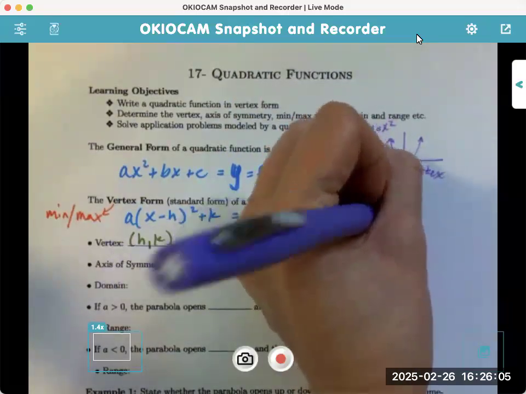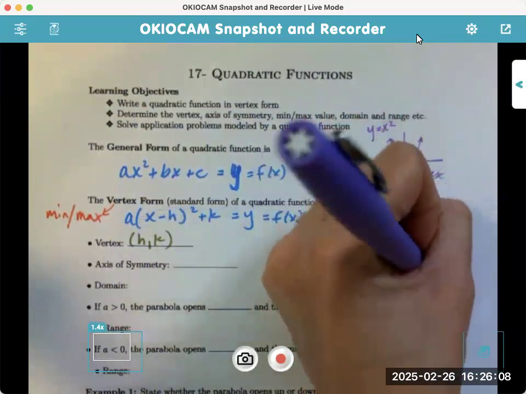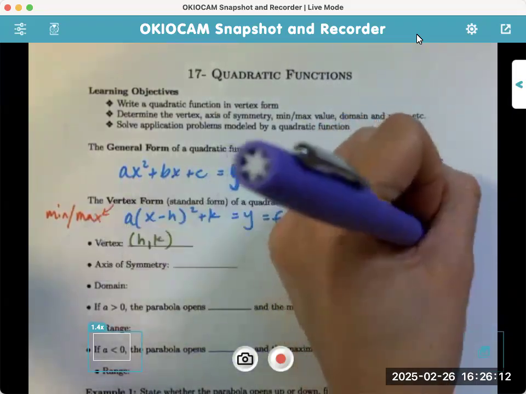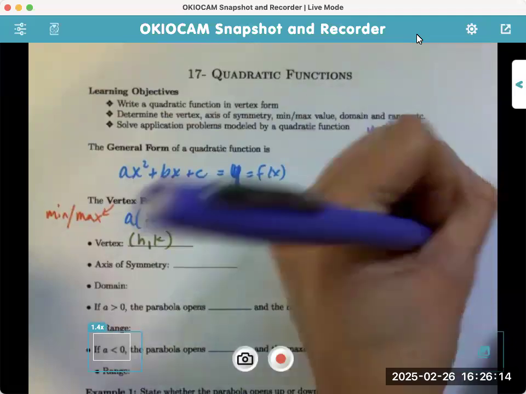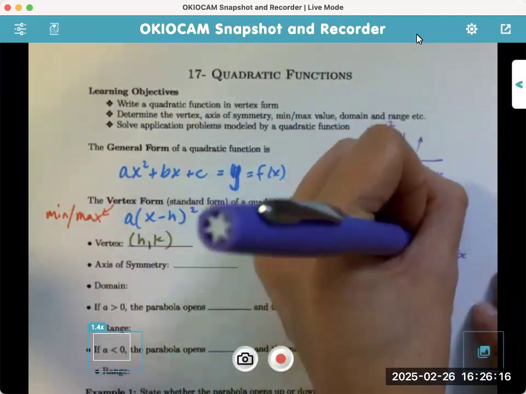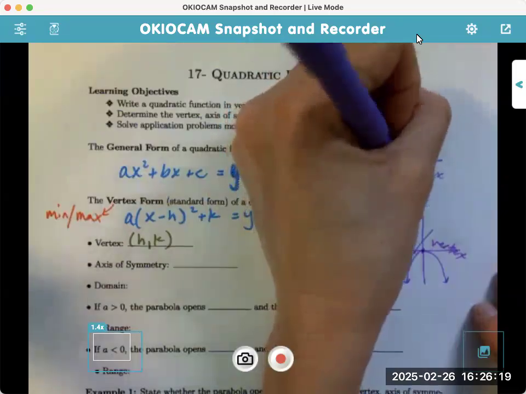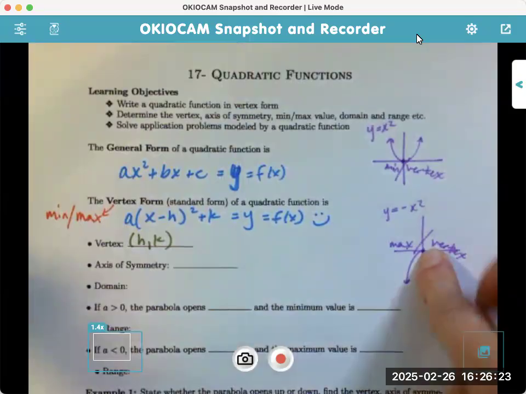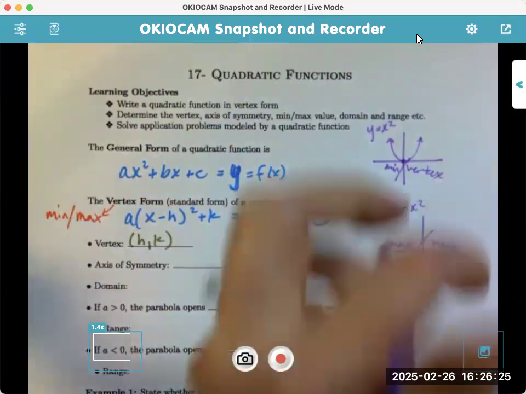If I am a quadratic, let's say negative x squared, that opens down, that's my max, which is also my vertex. So if I open up, I have a min. If I open down, I have a max. But that is the vertex.